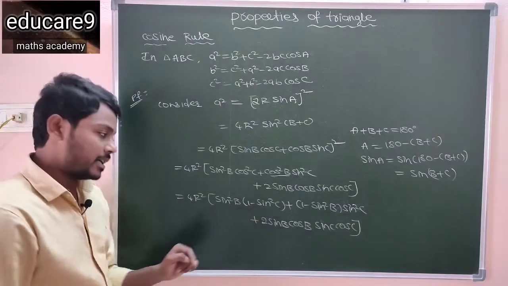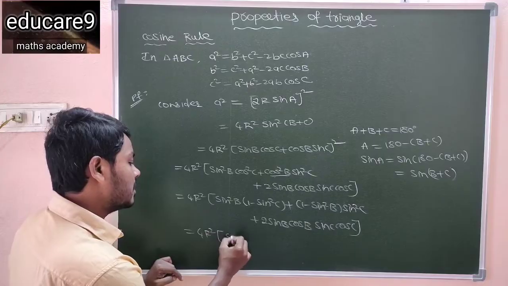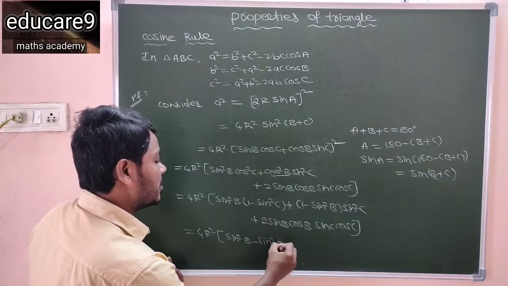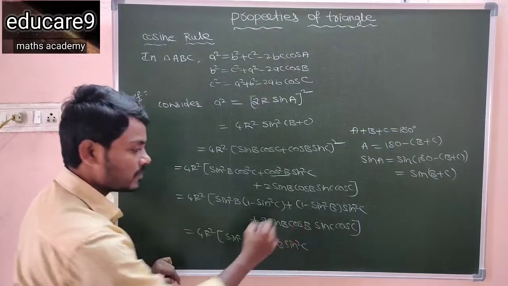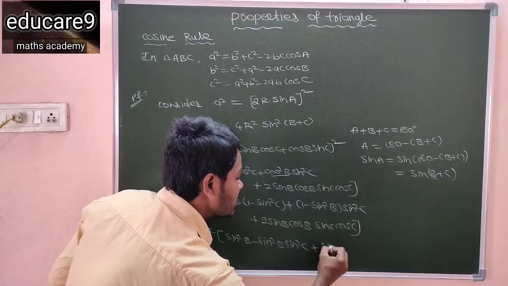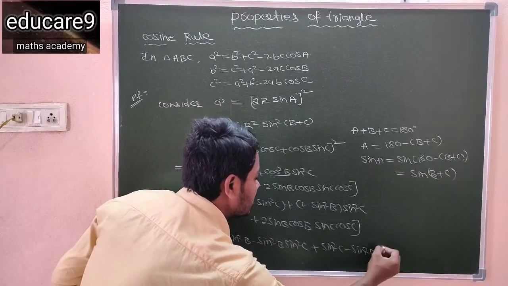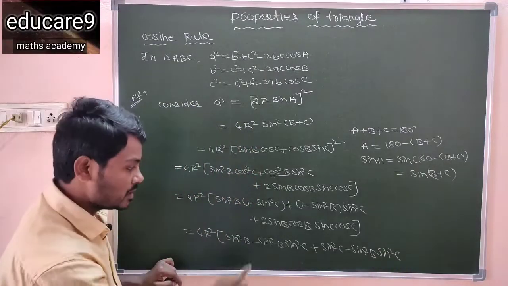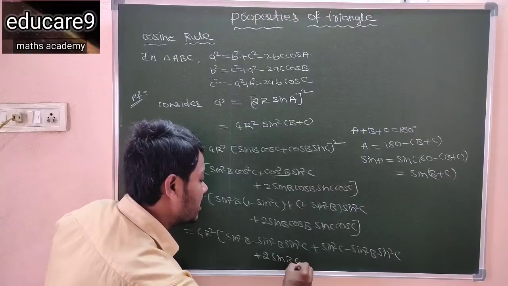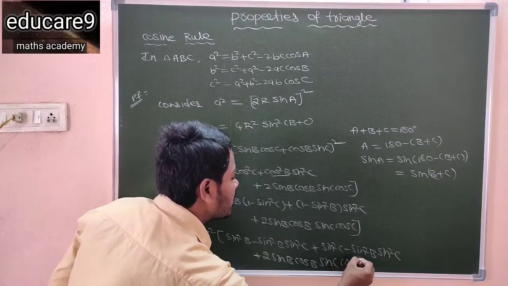Now multiplying inside, what you get is 4R squared into (sin squared B minus sin squared B sin squared C. Next, multiplying sin squared C inside, you get sin squared C minus sin squared B sin squared C, and plus 2 sin B cos B sin C cos C).